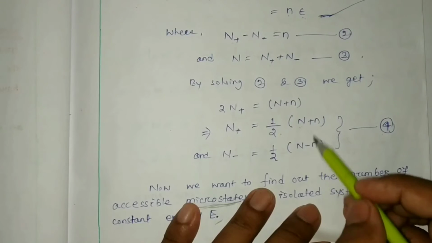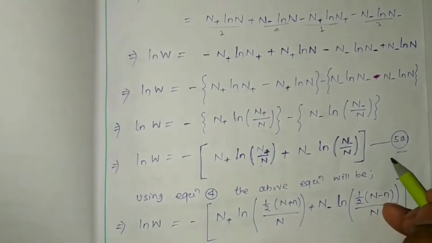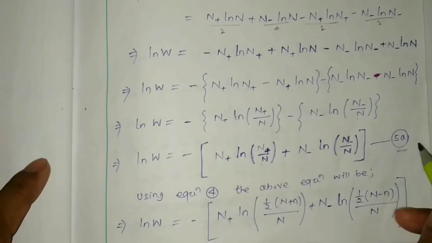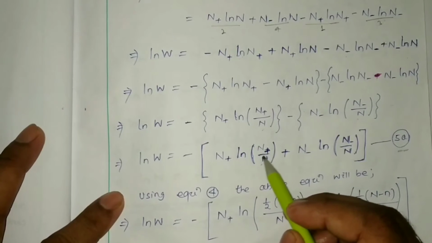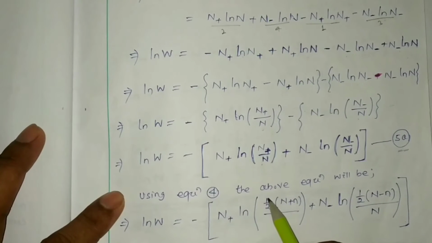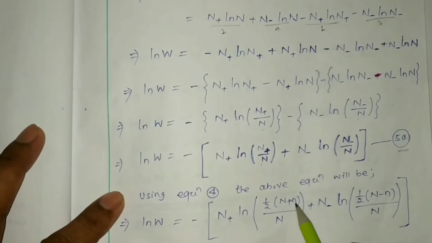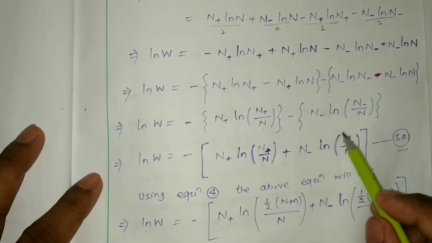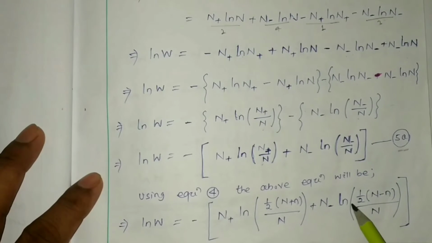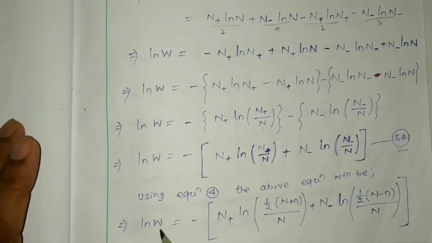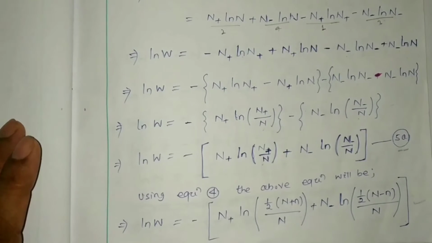So these two we are going to use in equation number 5a. That means instead of n plus, we can write half capital N plus small n, and instead of n minus, we can write half capital N minus small n. Okay, so ln W will be this much.